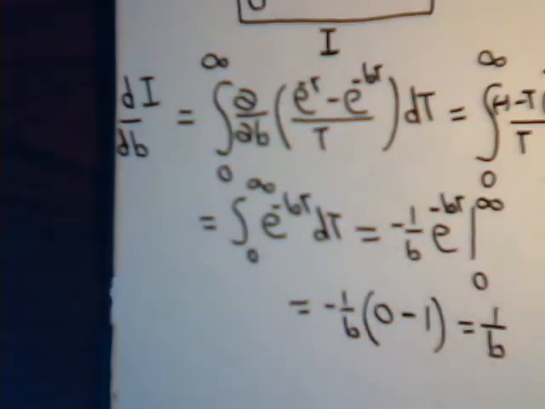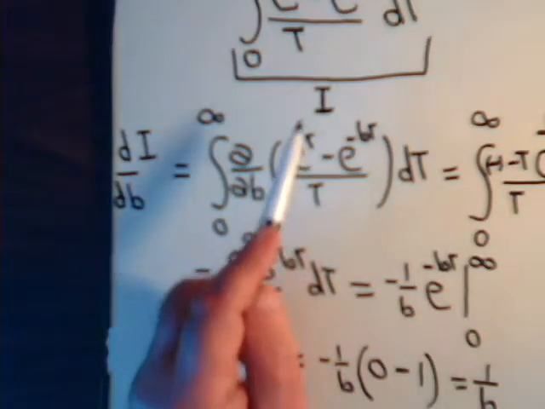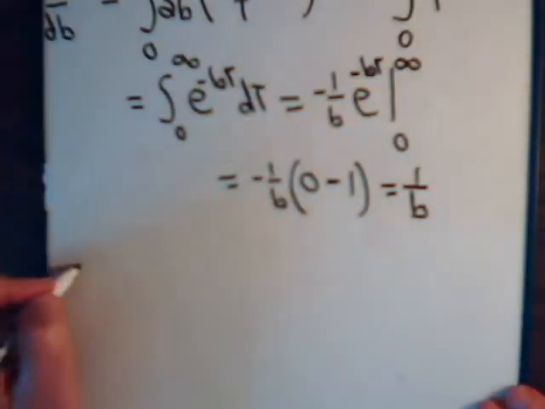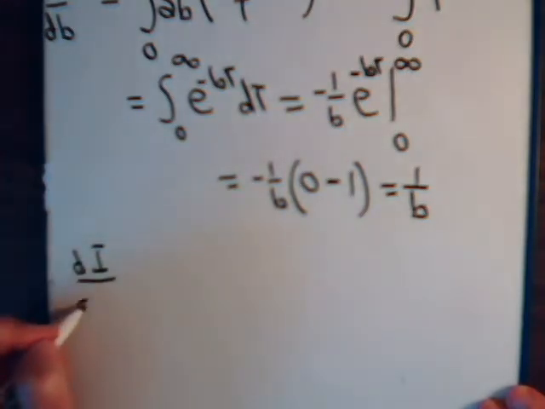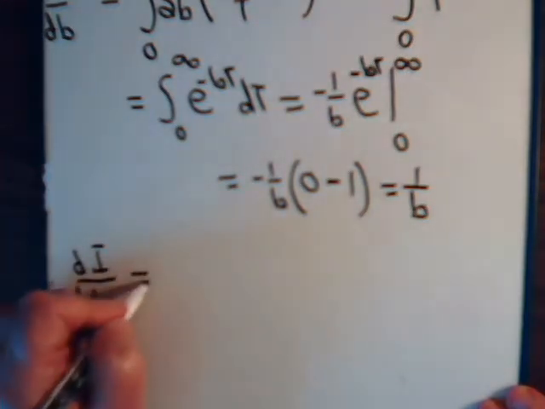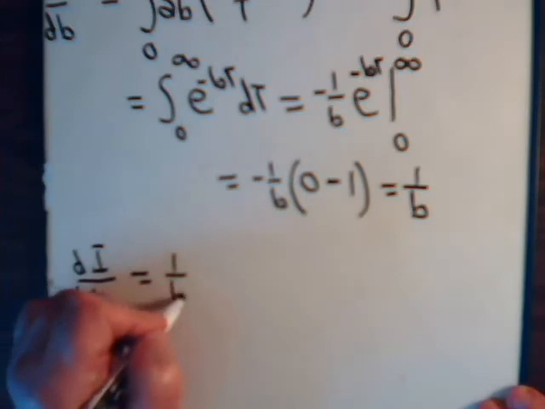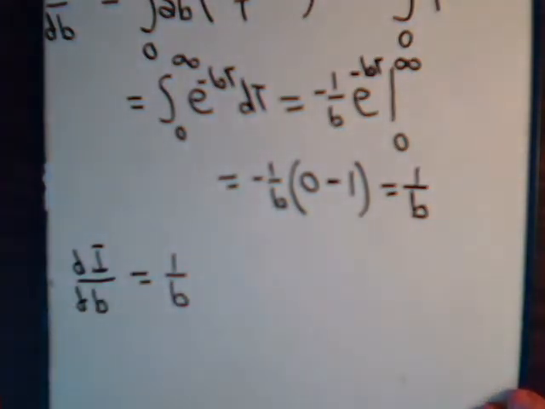We're just calling this I, so we're just treating it like it's a variable, and what we have is dI/db equals 1 over b.